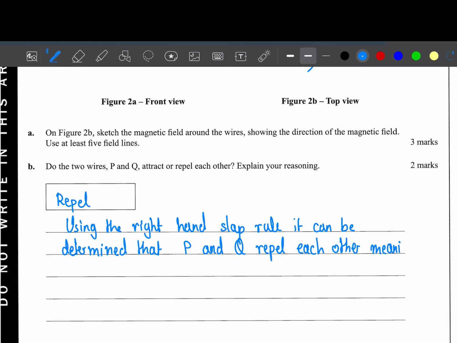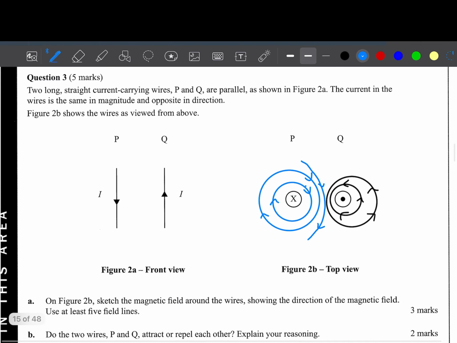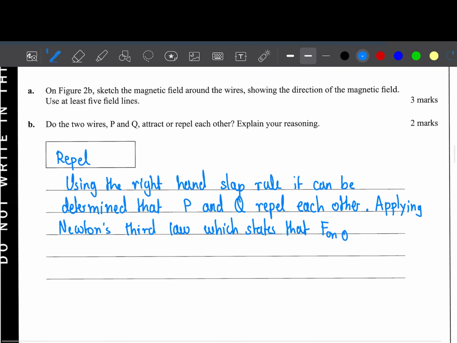Then a new sentence, applying Newton's third law, which states that the force on Q by P is equal to the negative of the force on P by Q.